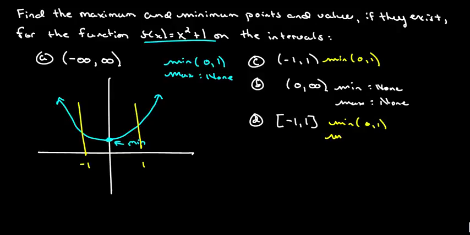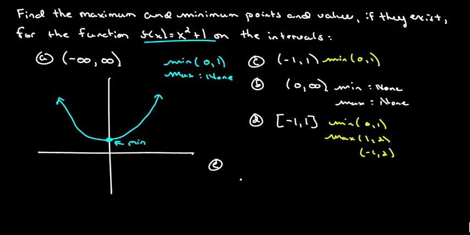However, we have a max at either 1/2 up or -1/2 up. There's no way to get any higher than 2 on that interval, but you can reach it. Okay, so we've found our min and max. Notice that the previous one only had a minimum. This one had a minimum and a maximum because we had this closed interval.